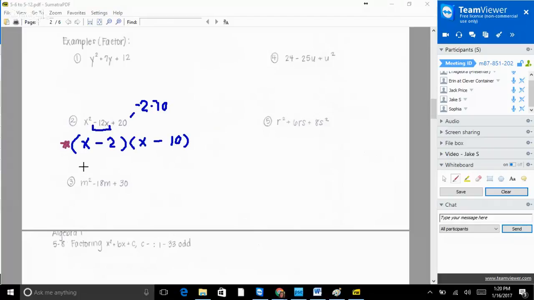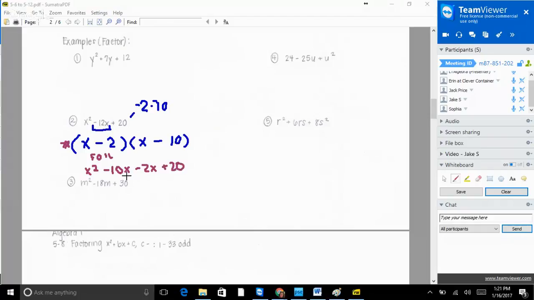And to check my guess, I need to FOIL. All right. So x times x, x squared. Outside is x times negative 10. You got it? Negative 10x. Inside is negative 2 times x, negative 2x. And last is negative 2 times negative 10, which is positive 20.